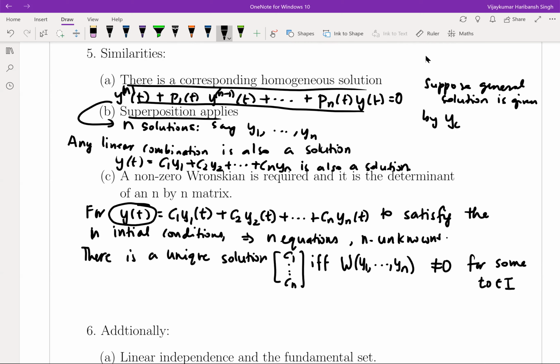And in that case, y1 to yn is a fundamental set.